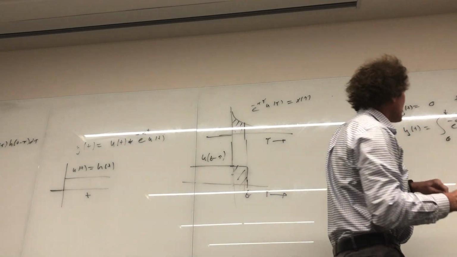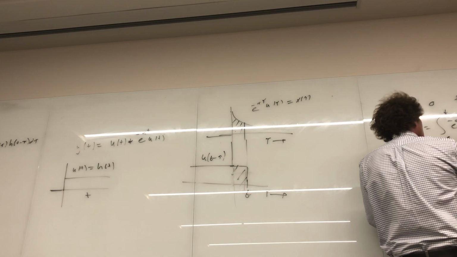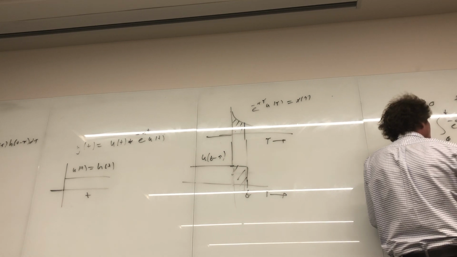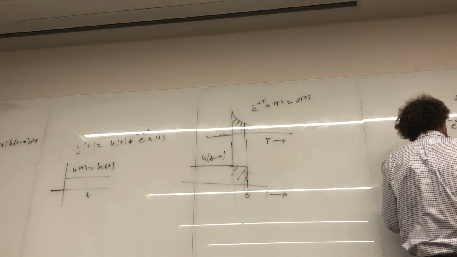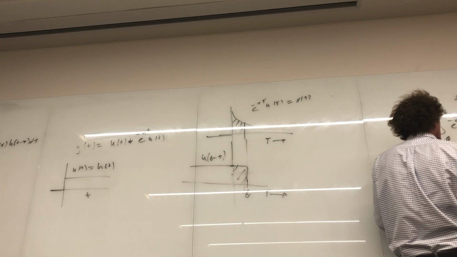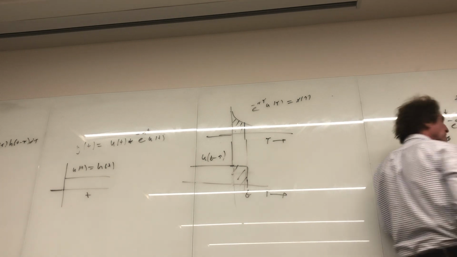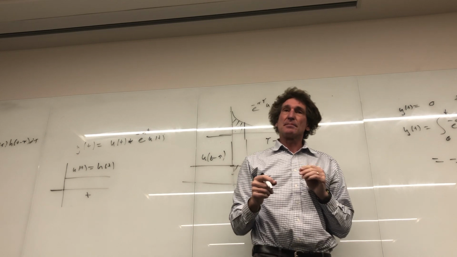Now here, what's this going to be? Well, when I integrate that, I get minus 1 over alpha times e to the minus alpha tau, where tau is evaluated from 0 to t. Just making sure you see the steps.